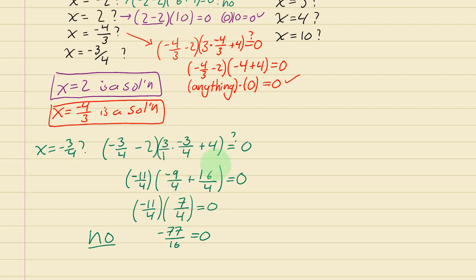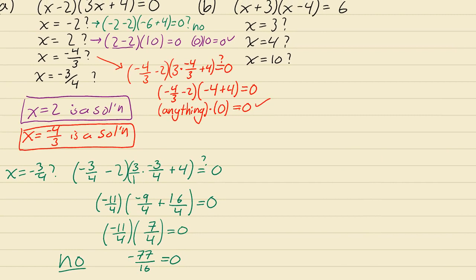And then if you want to combine these into one fraction, you need to write them with the same denominator, which is going to be 4. So I rewrote this 4 as 16 divided by 4. And then you can do the -9 plus 16 to get 7 here. And then the moral of the story is these two numbers are not 0, and if you take any two numbers that are not 0 and multiply them together, you're going to get something that is also not 0. So that's not a solution. All right, that's that one.